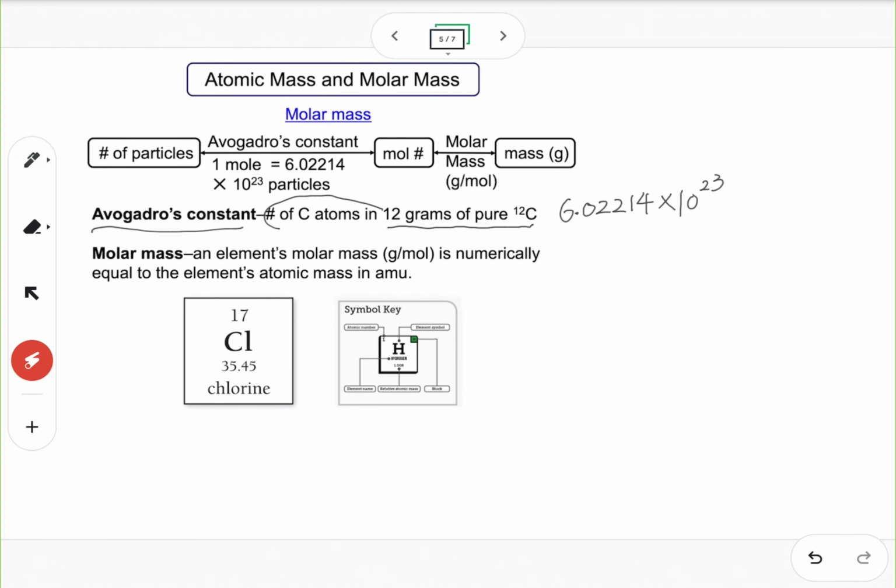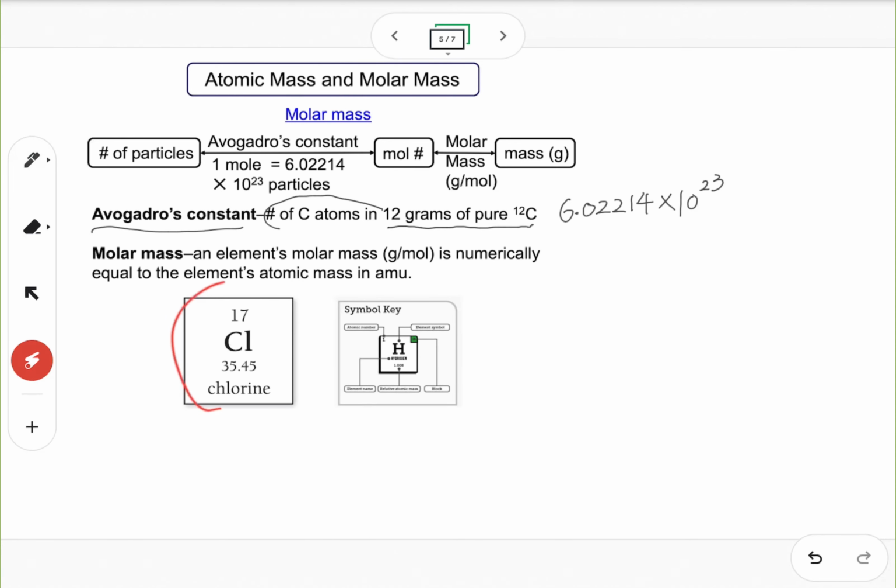The next thing, the third one, is the molar mass. How do we define molar mass? The molar mass of an element is numerically equal to the element's atomic mass in AMU. What does that mean?